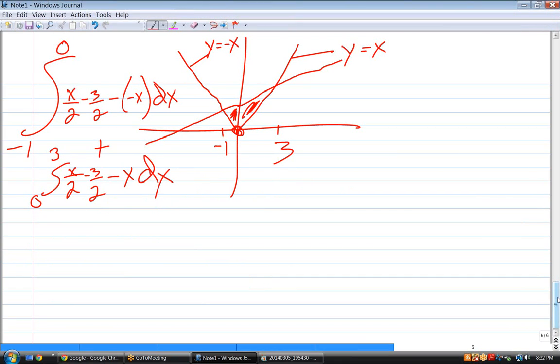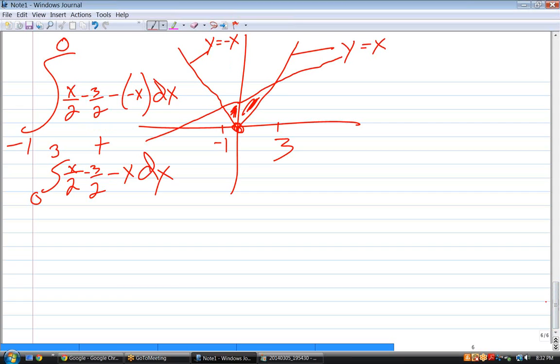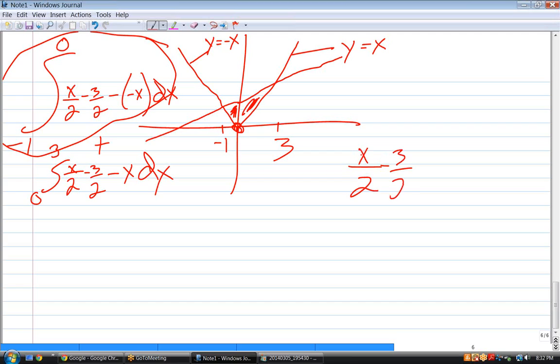Let's blow it up and see what we get. Let's do this one first, over here on the right. So first of all, let's simplify that. We got x over 2 plus 3 halves plus x.